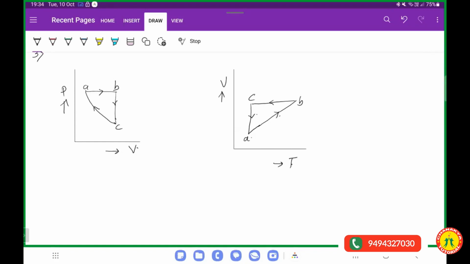In this one, what we did here, we are drawing PV graph, and the corresponding graph is your VT graph.